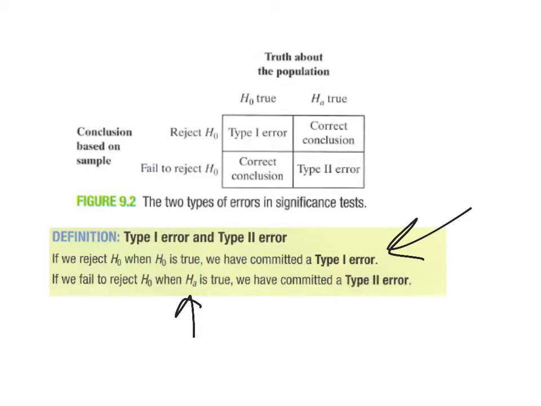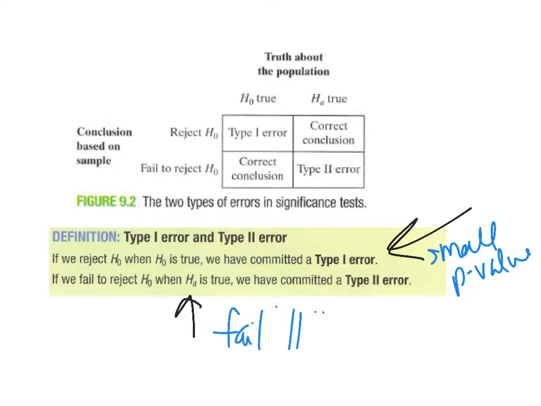To help you remember these, to have a type 1 error, you must have a small p-value. Because remember, with a type 1 error, you are rejecting your null hypothesis basically when you shouldn't. Okay? And so to have a type 1 error, you're going to have a small p-value. Okay? A type 2 error happens when you fail to reject.